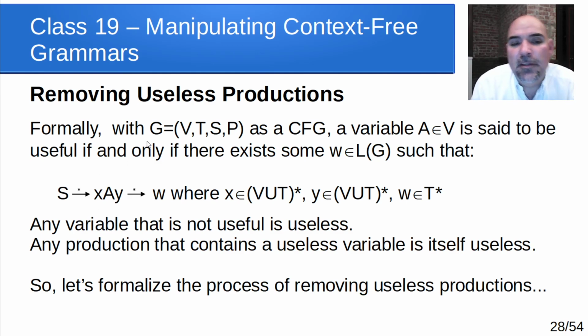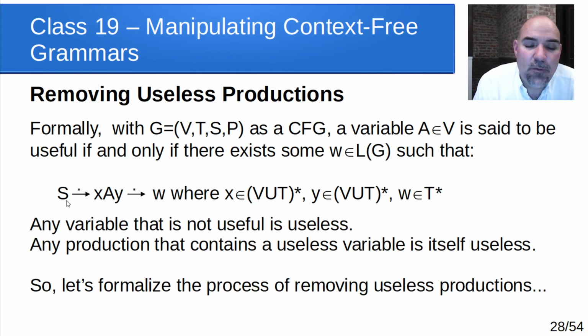The formal view is this: if you have a grammar consisting of the four parts, variables, terminals, start symbol, and a set of productions, and it's a context-free grammar, then a variable A, one of our variables, is said to be useful if and only if there exists some string w in our language such that when we start with the start symbol, we can, after zero or more steps along a derivation, come to some form where that variable is inside of that sentential form. And then after zero or more steps from that, we eventually get to a string w that's only terminals.